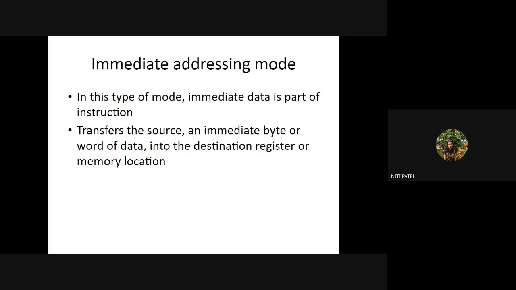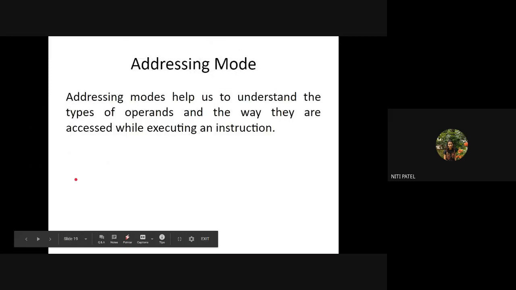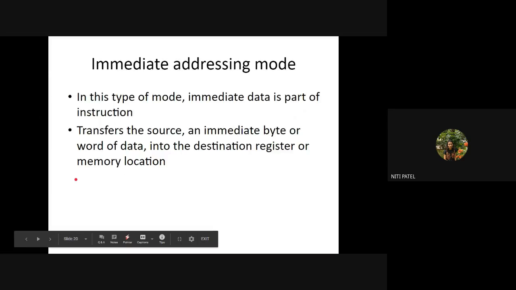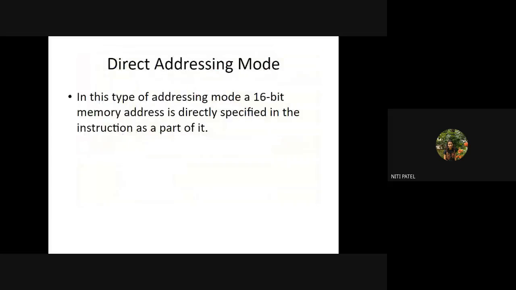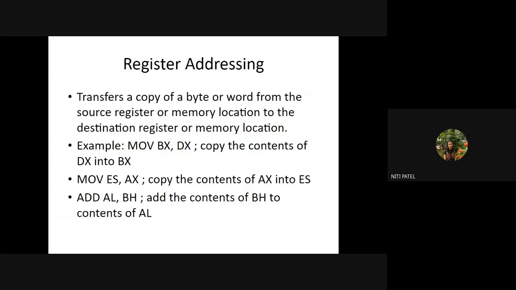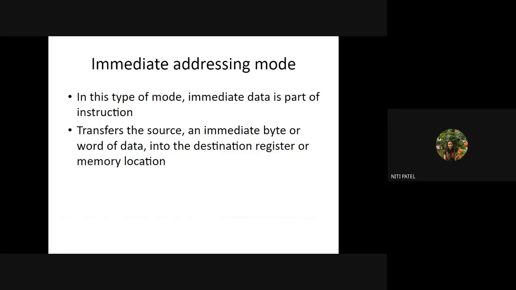All of these instructions belong to one of the addressing modes which we'll be learning. Some of them may belong to immediate, some to direct, some to register. How we are going to identify them and how they are going to be executed by the system is what the addressing mode talks about.